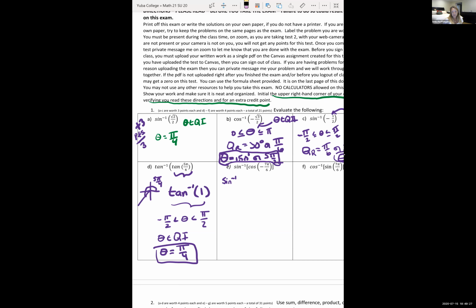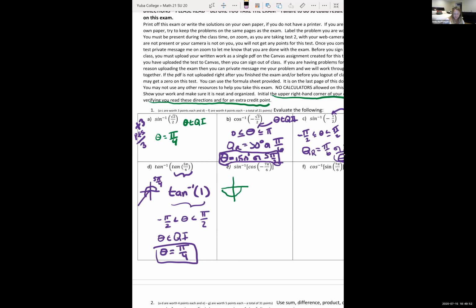So sine inverse of cosine of negative 7 pi over 6. I would first look at where negative 7 pi over 6 is, and evaluate cosine there. If I go pi, that's 6 pi over 6, and I have to go clockwise because it's negative.